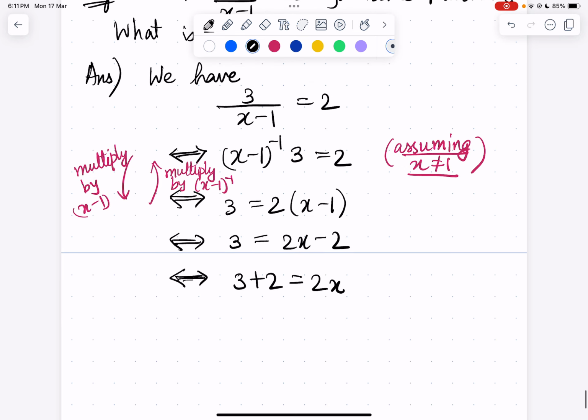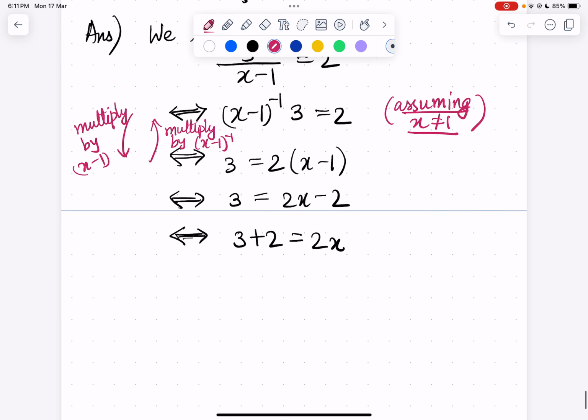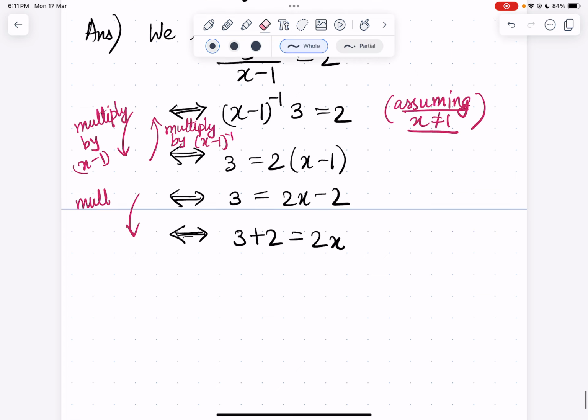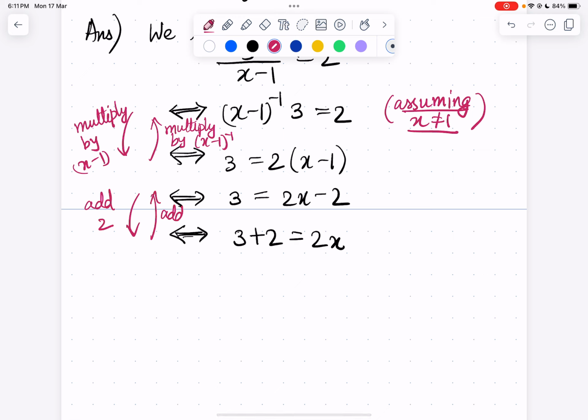So to go from this equation to this equation, we add 2, and we add minus 2 to get to the above equation. So we can go from one equation to another. This holds, and even this holds.